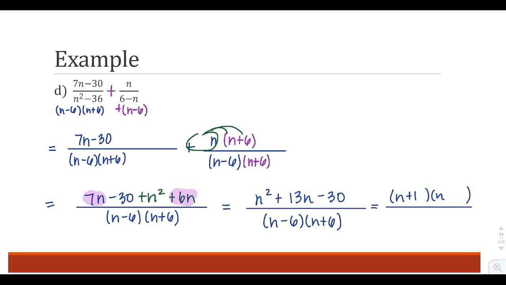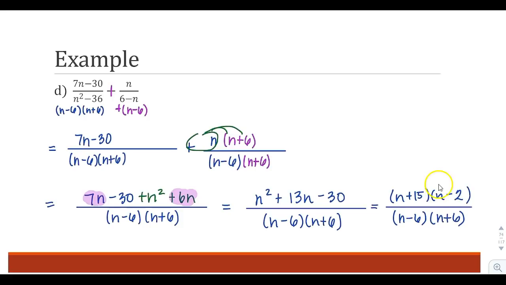If we choose positive 15 and negative 2, that will work. So if I multiply outer, that's negative 2n, and inner is positive 15n. If you add those together, you do get your 13n. And then 15 and negative 2 multiplied gives you your negative 30. So the top does factor. The bottom is still n minus 6, n plus 6.